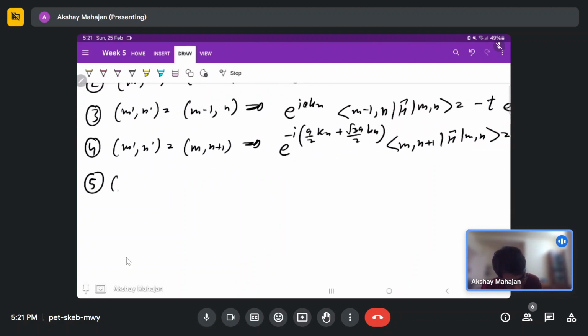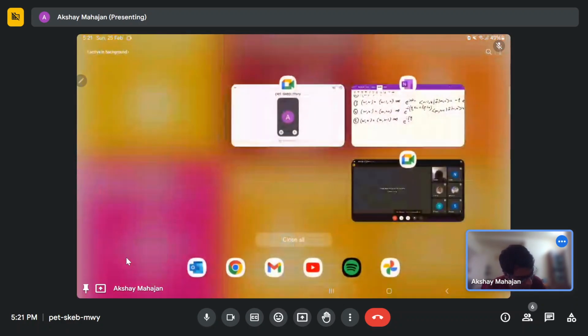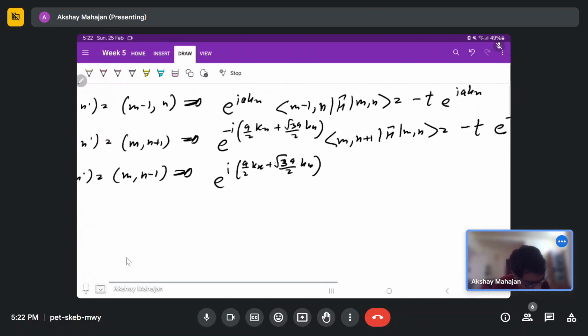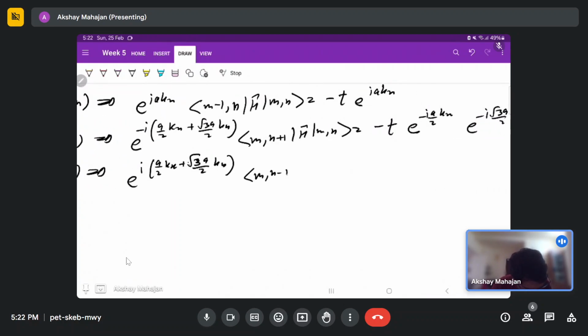Then I have the fifth term, m prime comma n prime equals m comma n minus 1. So that will be equal to e to the power iota (a by 2 kx plus root 3 a by 2 ky), m comma n minus 1 H cap m comma n.